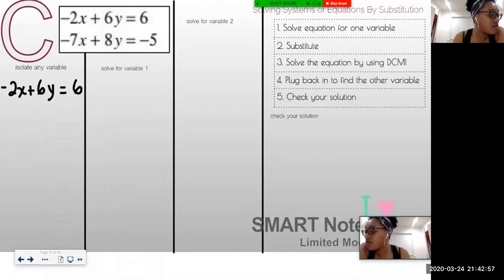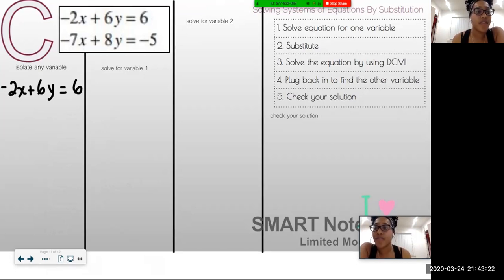You might ask, how do you get x by itself, right? And why am I getting x by itself? Well, I'll just tell you beforehand, if you try to do it by solving for y, you're gonna end up with fractions, nasty numbers, unless you have a little calculator or you're really familiar with working with fractions. I wouldn't go down that route. So I'm gonna just solve for x.